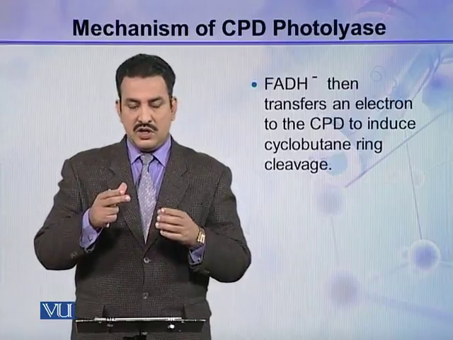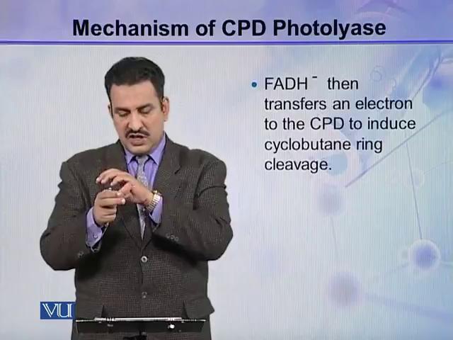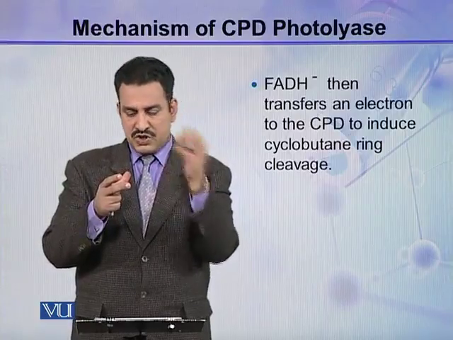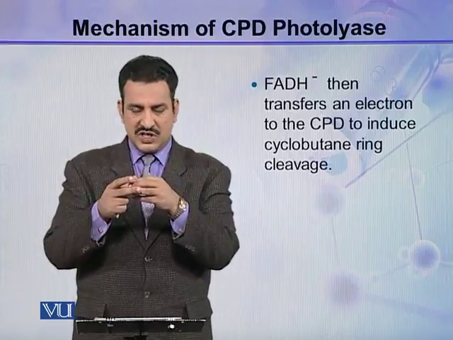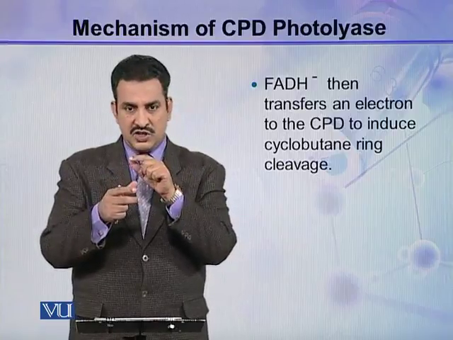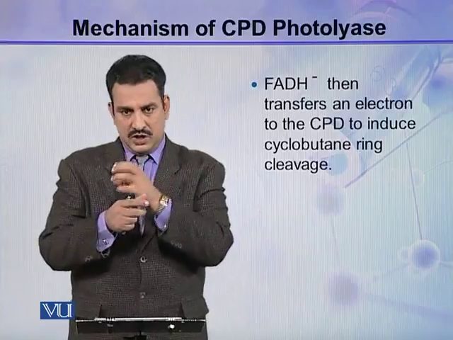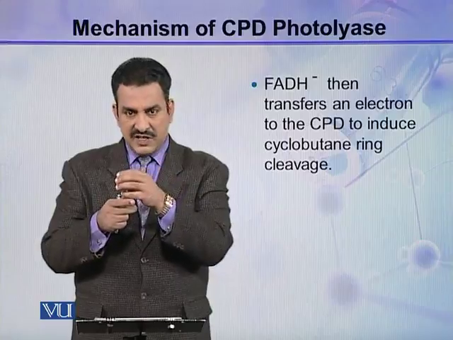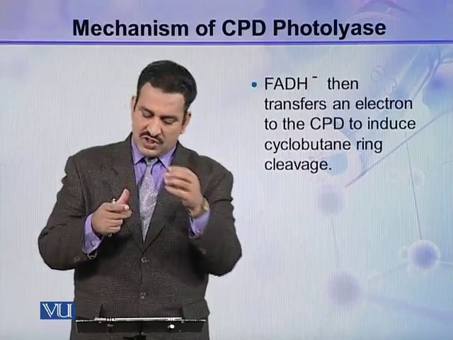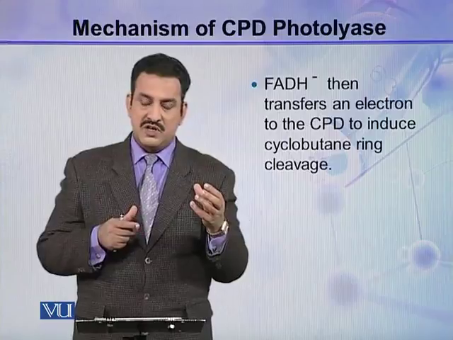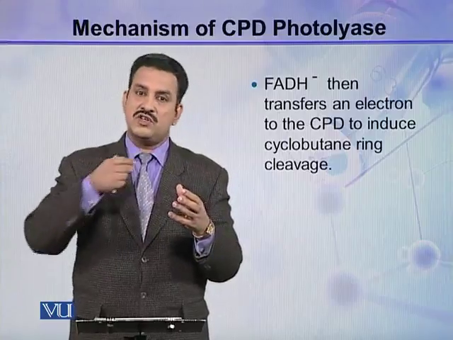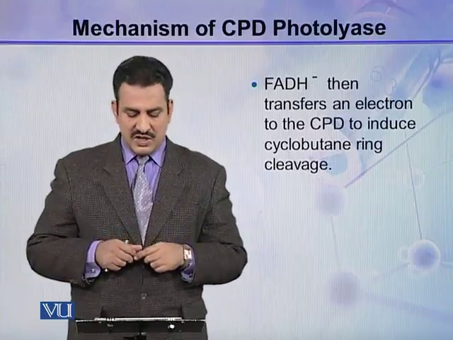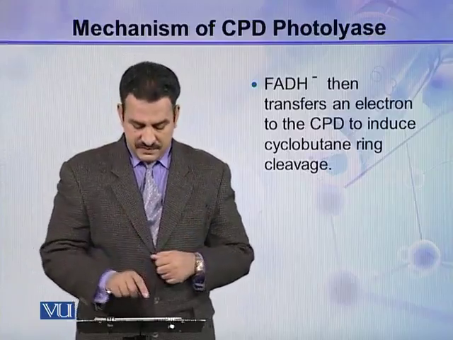So look at the sequence. First, this CPD dimer flips into the enzyme's active site. Then the energy absorbed by the chromophore is transferred to FADH, and then FADH transfers an electron to this dimer. When the electron is transferred to the dimer, the bonds present in the dimer cleave.